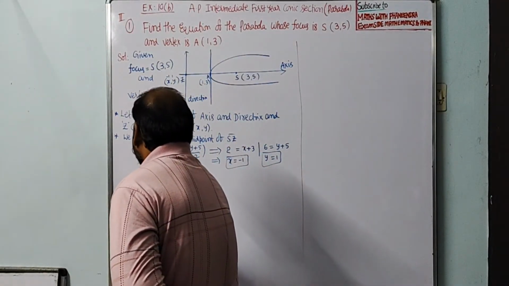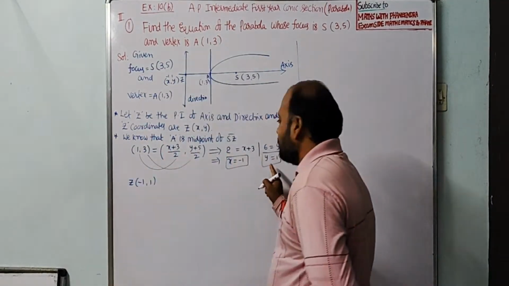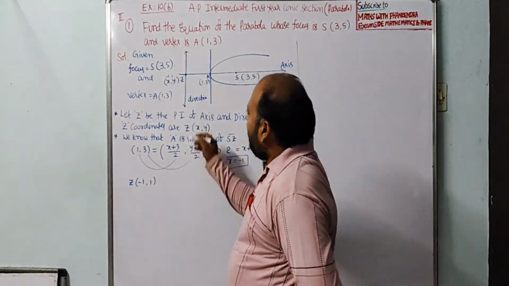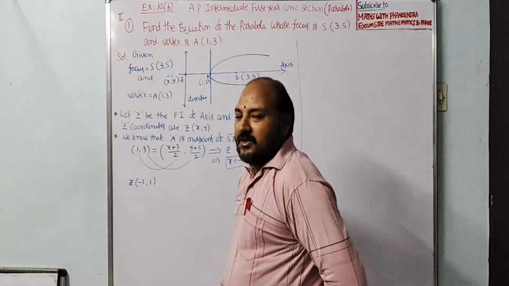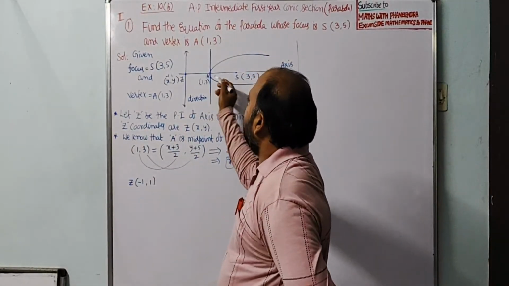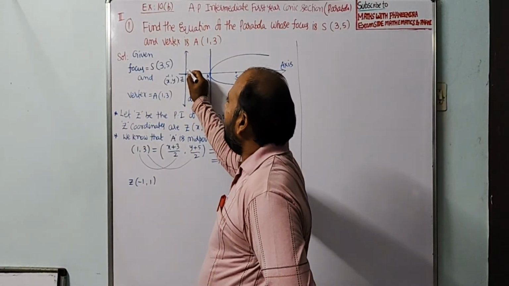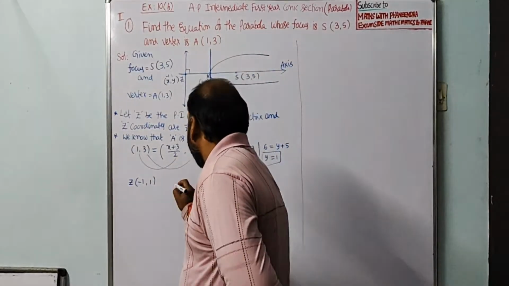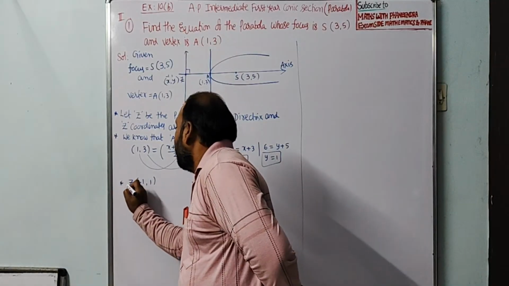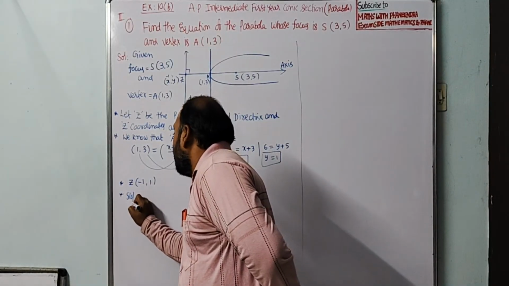So what is the use of calculating Z coordinates? A doubt will arise. Z is (-1, 1), dear students. I have to calculate the directrix equation. I want the slope of SA. Directrix is perpendicular to the axis, no?